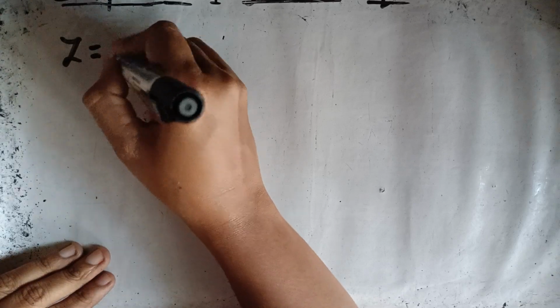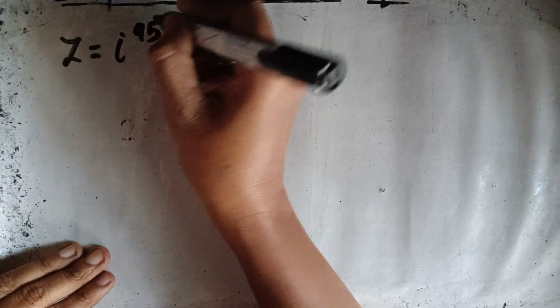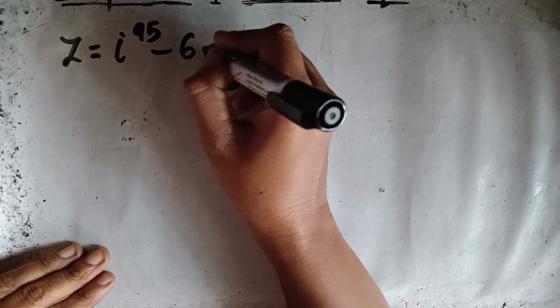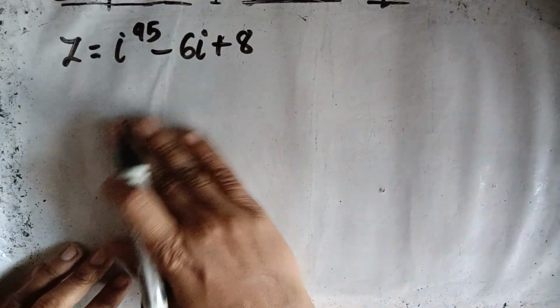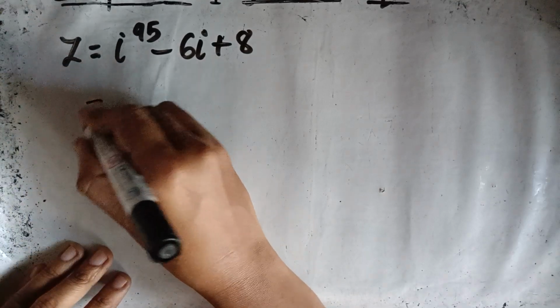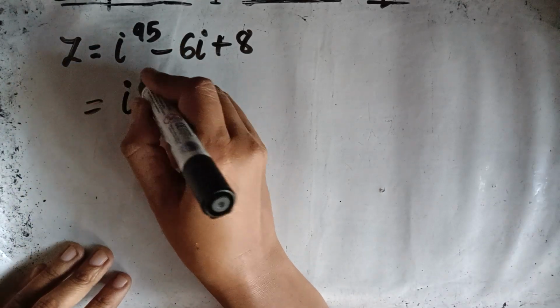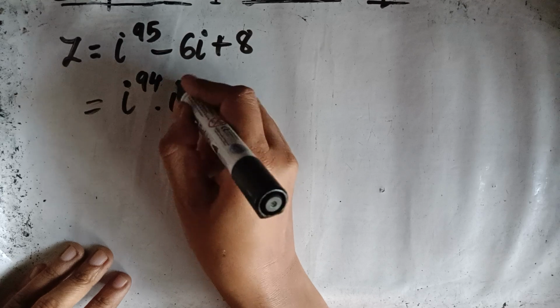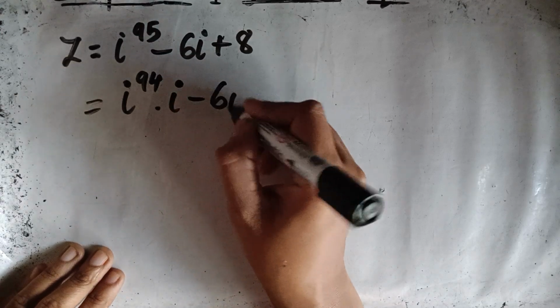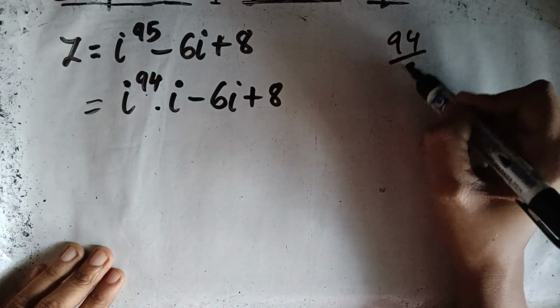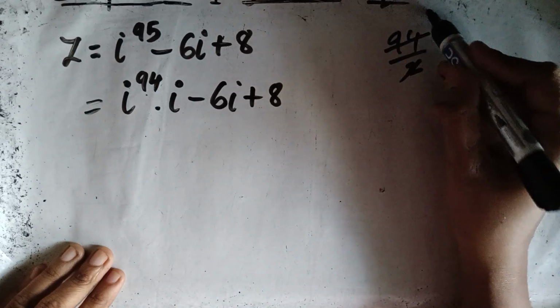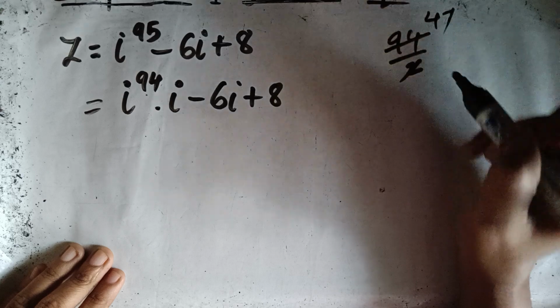I raised to 95, minus 6i plus 8. First you have to solve this. I raised to 95 means I raised to 94 into I, minus 6i plus 8. So this is 94 divided by 2, 47.